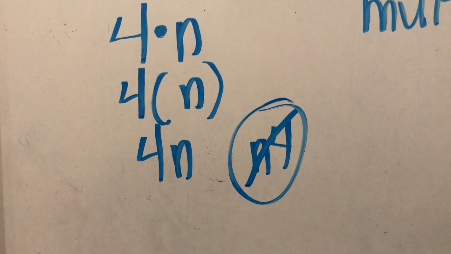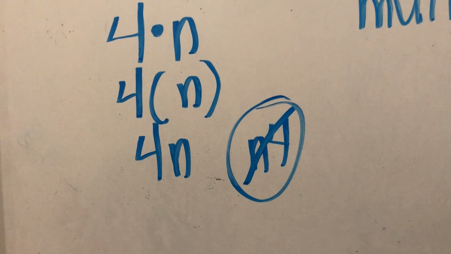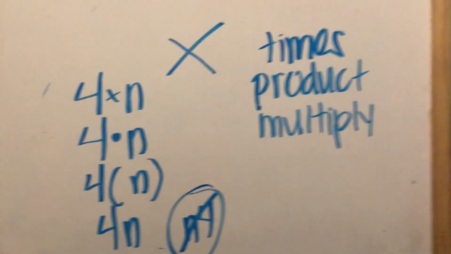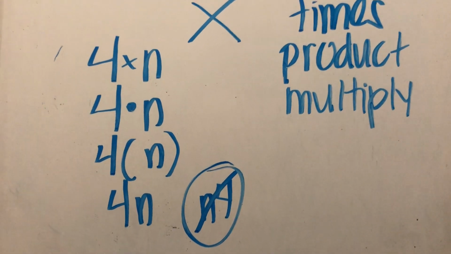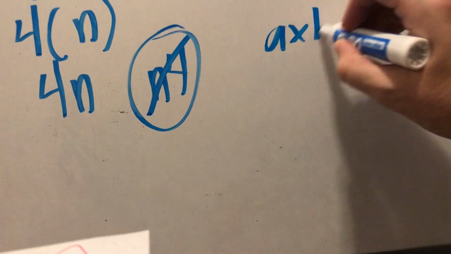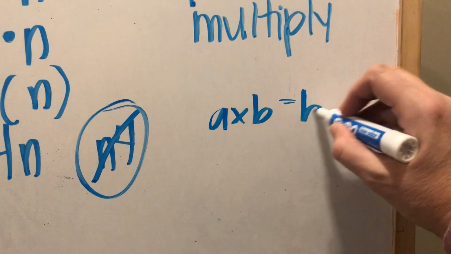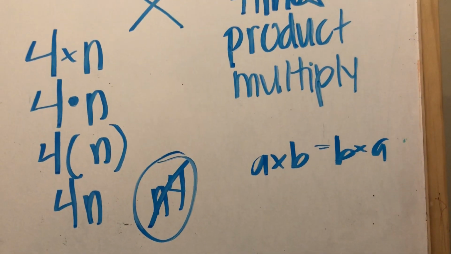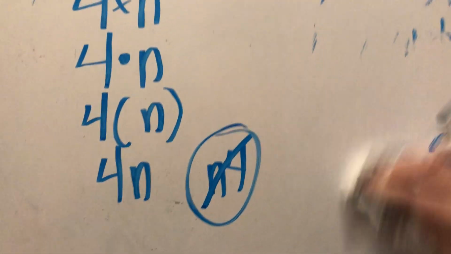So it is not going to be n4, it would be 4n. So those are all different phrases that you may see or ways that you may write multiplication. Multiplication does follow the commutative property, so A times B is going to equal B times A. Those are going to be equal to each other. So here that order can change.